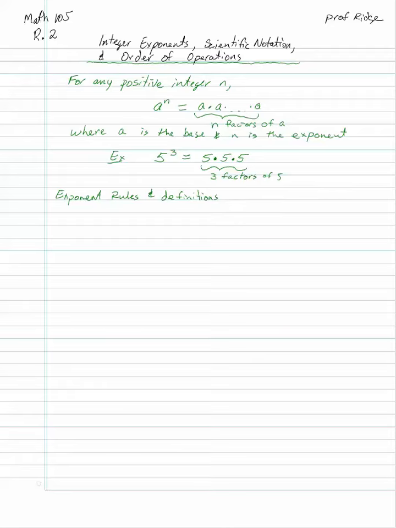The first one is we're going to define any number to the 0 as just 1, and then to define a negative exponent, a to the negative m is equal to 1 over a to the m. So the product rule, a to the m times a to the n equals a to the m plus n.